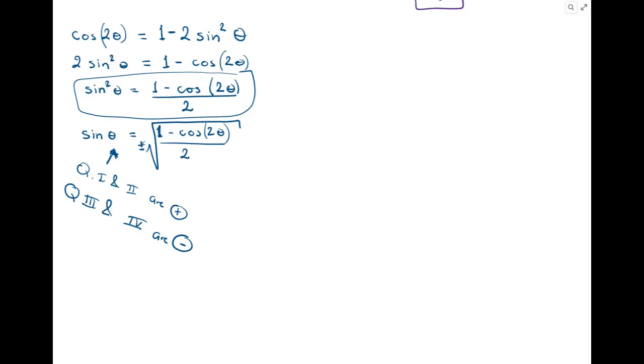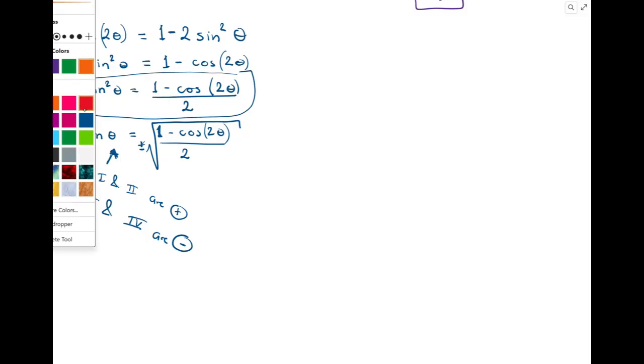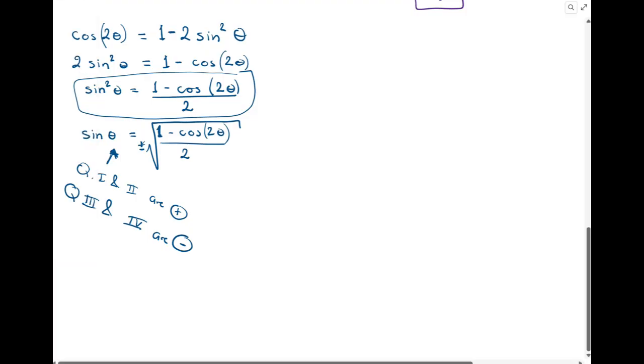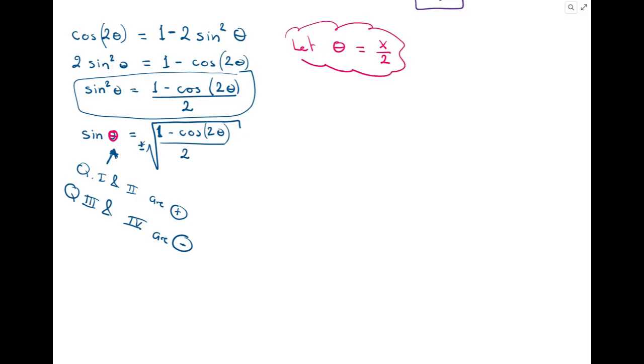Okay, we definitely can now keep going. We just kind of moved things around, rearranged. What if this theta here, I want to rewrite it as being x over 2, for example. And let's see what happens then.